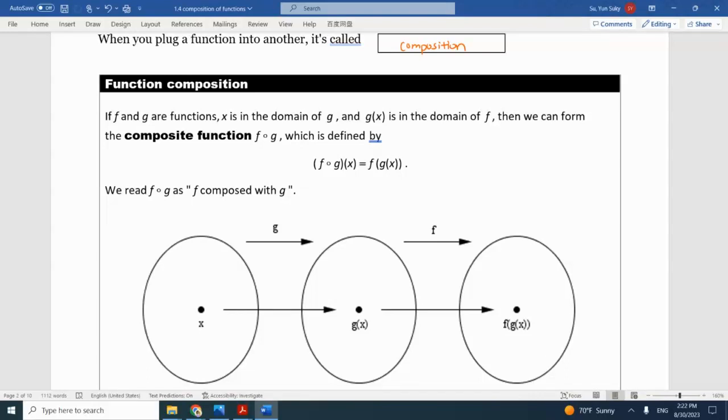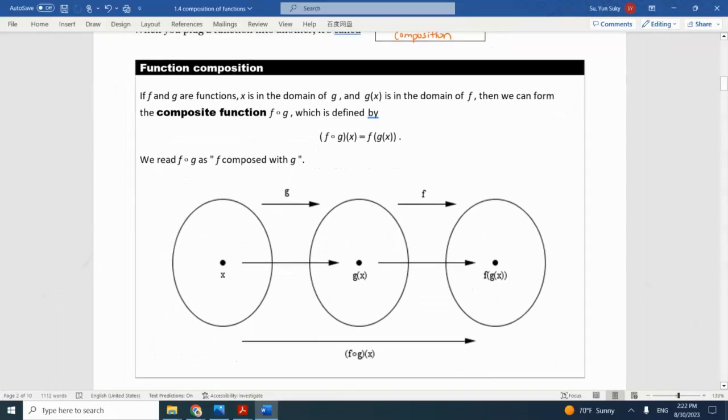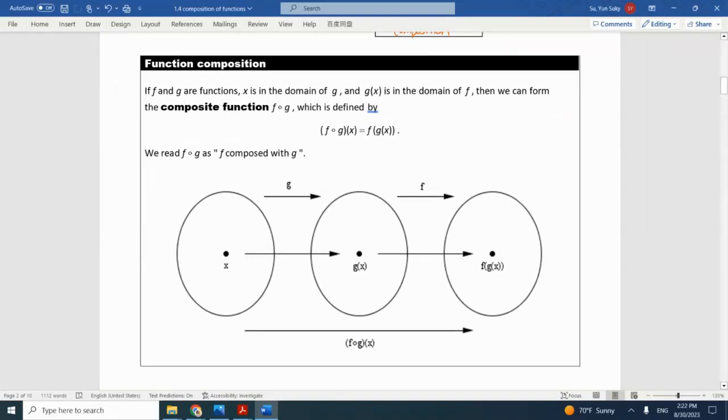So F composite G means F of G of X. You have X, and then you apply the function G, you get G of X. And to G of X, you apply the function F, you get F of G of X. It's like a two-step process. So the composite function is now F composite with G of X.